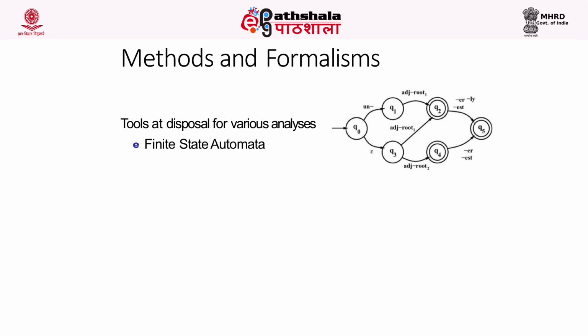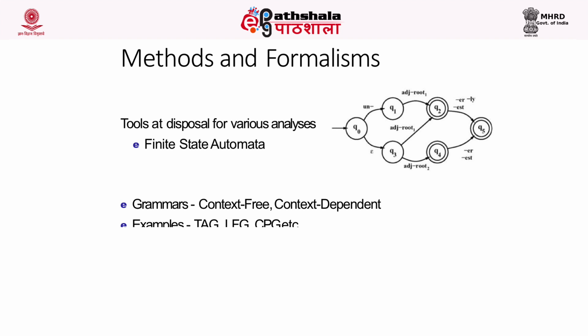So clear as an adjective goes to the input, Q0 level. From there, there are two paths. On one path, there is the un prefix available, which takes to the next state, which is Q1, and one has unclear as one's output.